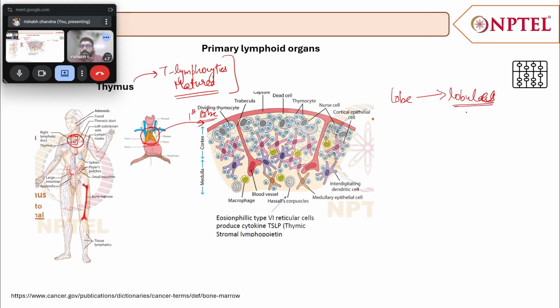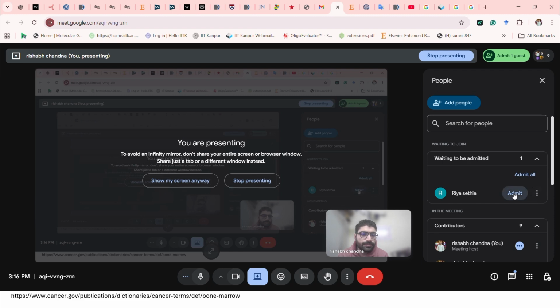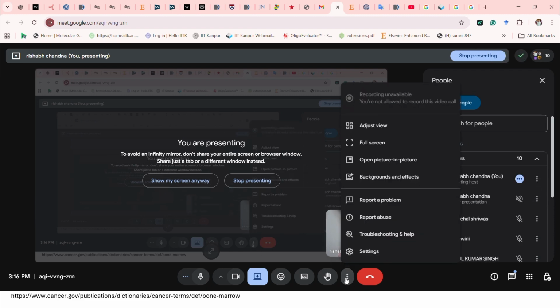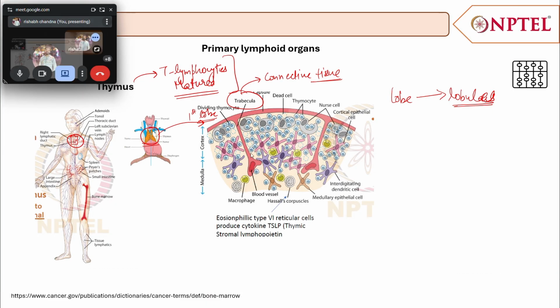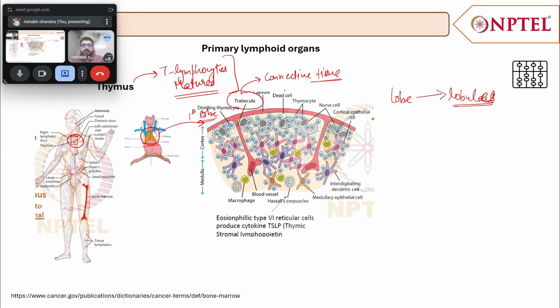Each lobule will be separated by a connective tissue sheath called trabecula. So this trabecula is a connective tissue sheath that separates each lobule.